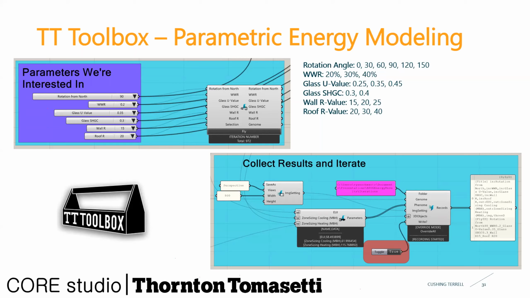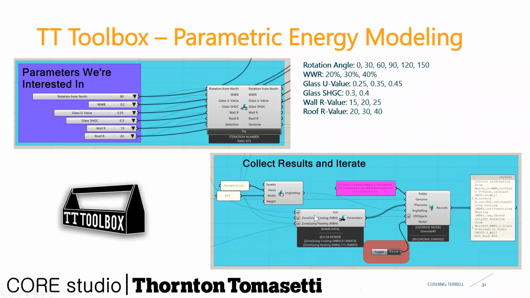So I've got rotation angle, window to wall ratio, the glass U value and solar heat gain, the wall R value, and the roof R value. And so I've got those options listed over here, and that's what's in these drop downs. And each unique combination totals up to 972 iterations. And so that took about 8 hours to run all of those iterations through this script. So I just left my computer running overnight.